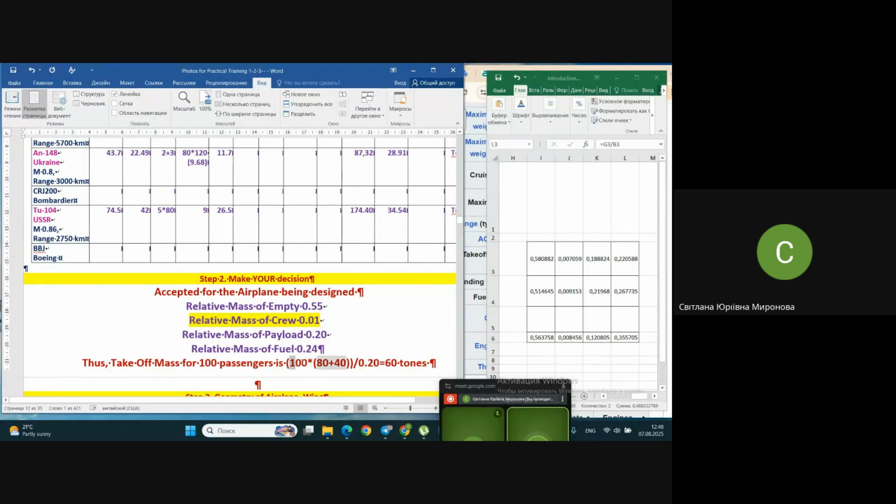So 12 tons, and these 12 tons are, according to our decision, 1/5 of the airplane gross weight. So the whole airplane is supposed to be 60 tons. And that is our zero weight we are starting with in order to continue with the geometry of the airplane.